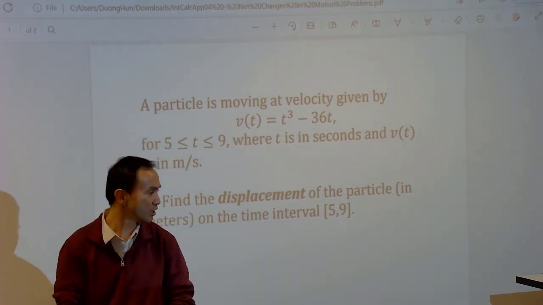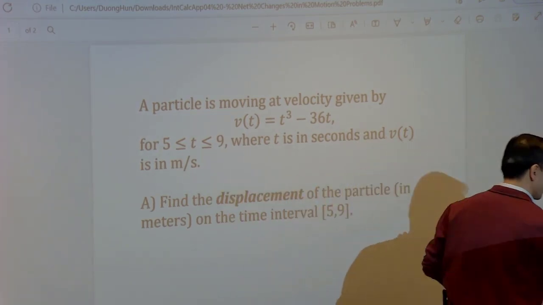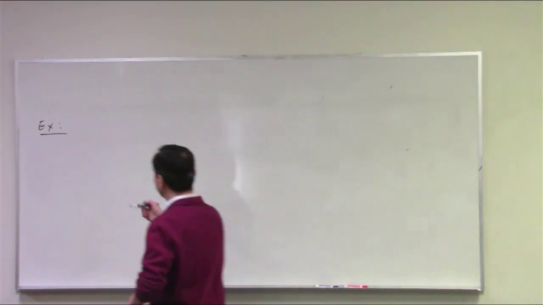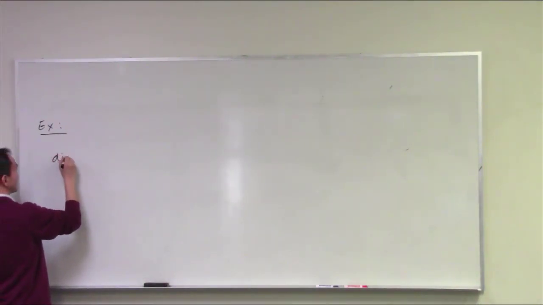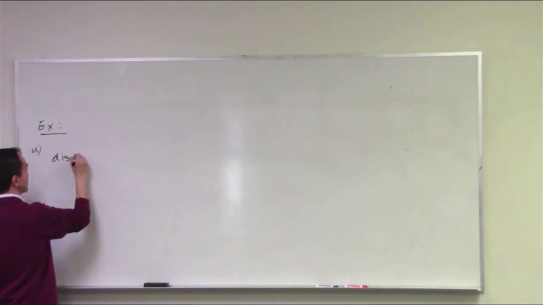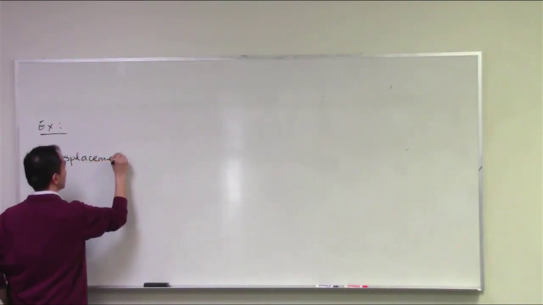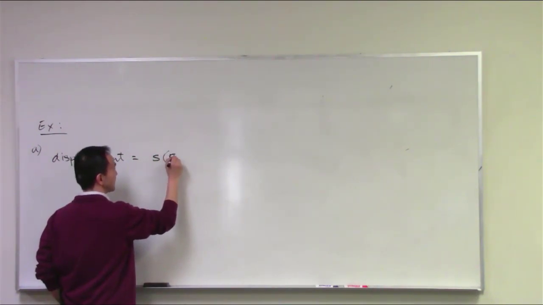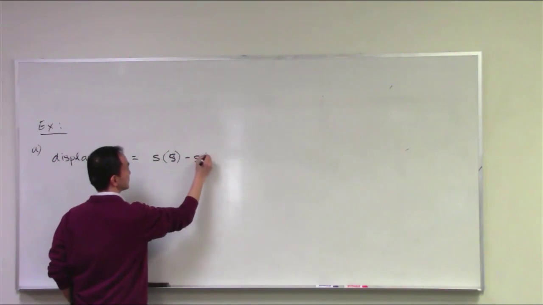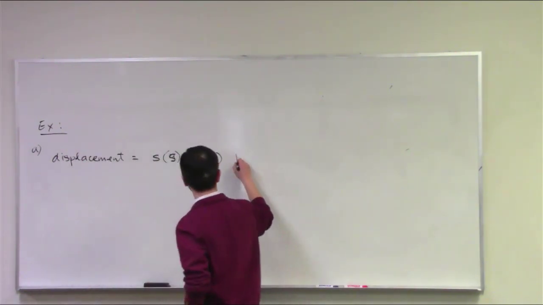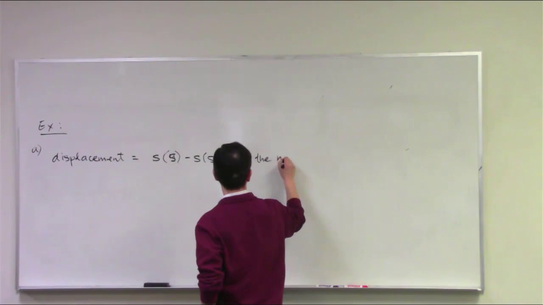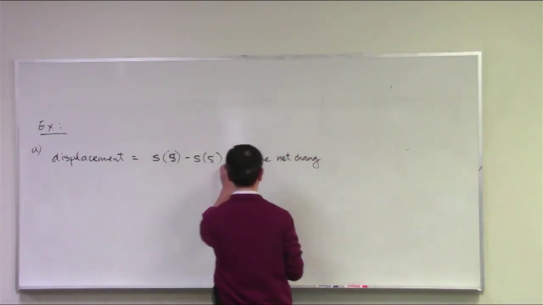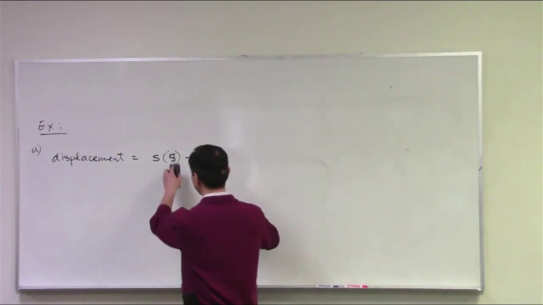And so in the way we're understanding the problem, the displacement that we're calculating truly is s of 9 minus s of 5, and we know this result by the net change theorem. And actually, it's not yet the net change theorem. It's just the way it is over the interval.